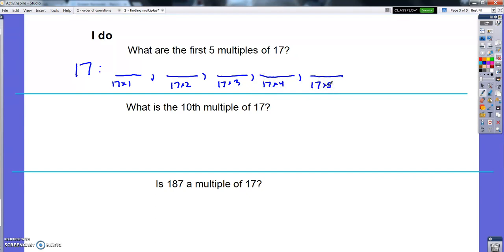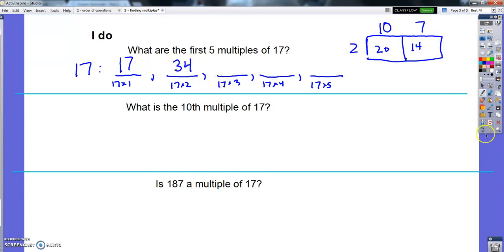I'm going to have to do a good bit of multiplying here. 17 times 1 I know, that is just 17. The second multiple of 17 is going to be 17 times 2. That's 20, and 14, and 20 and 14 makes 34. That's the second multiple of 17: 34.